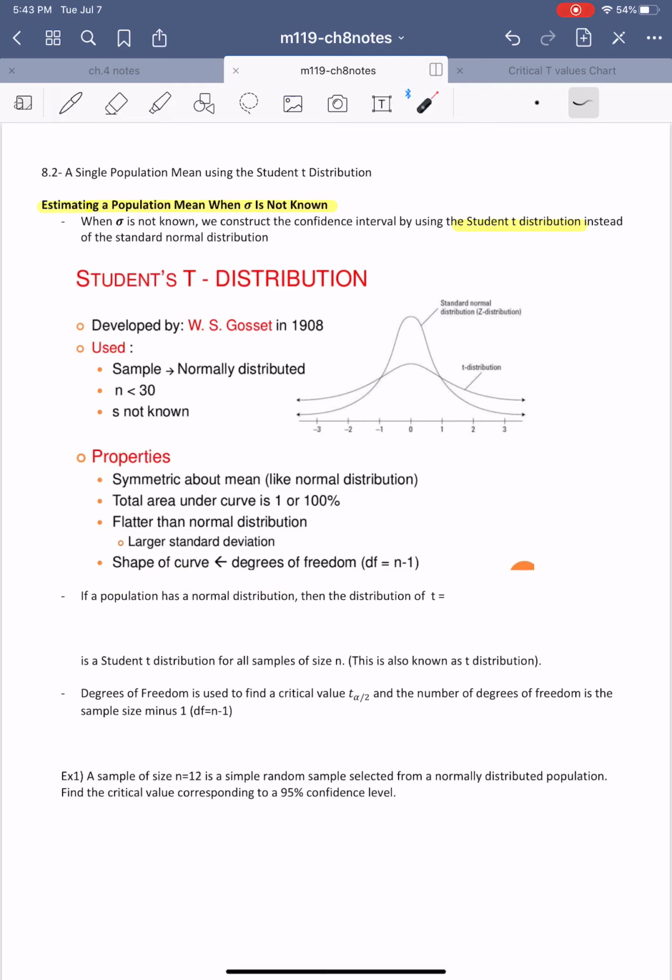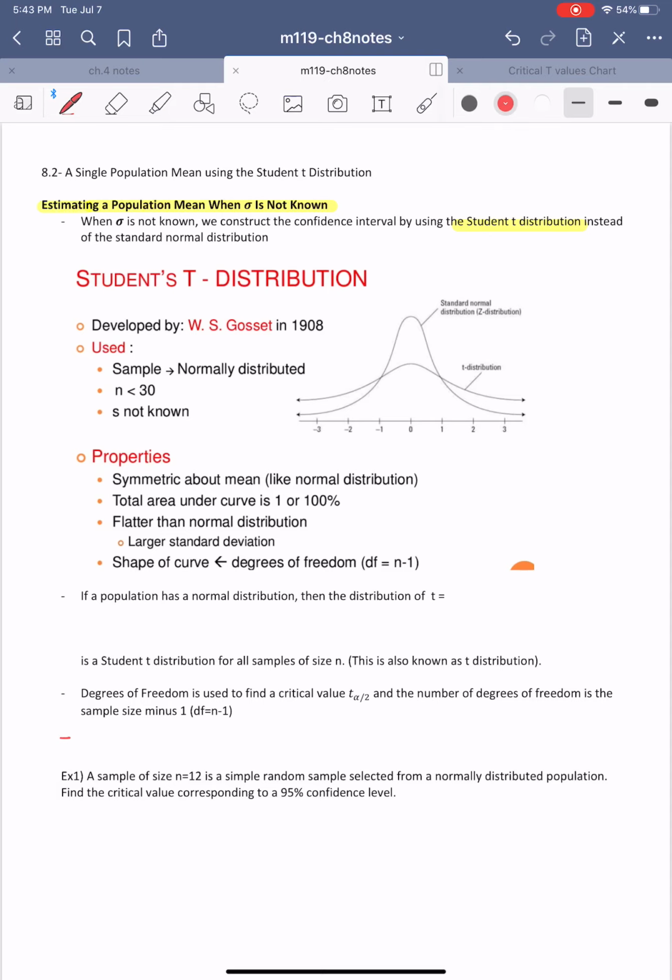What is a degree of freedom? Basically, the sample size take away one data value. The shape of the curve depends on the degree of freedom. As the sample size gets larger, the shape of the t distribution will look more like a normal distribution. I'd like to write that down over here.